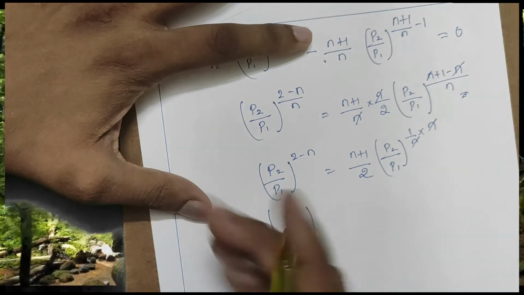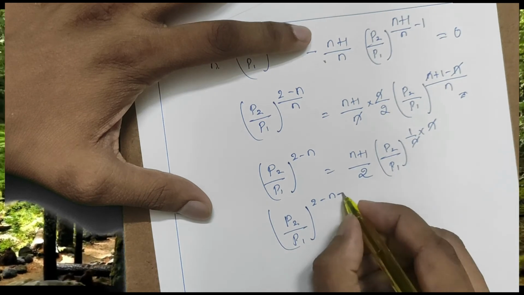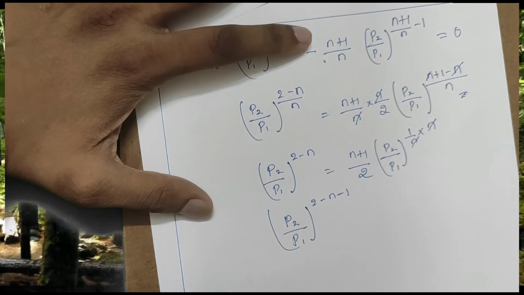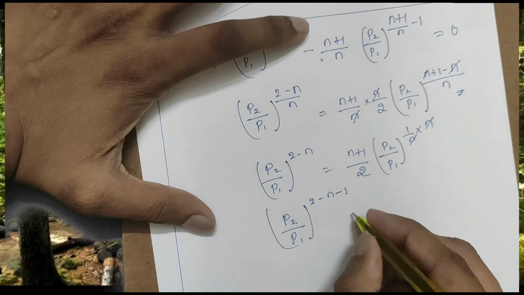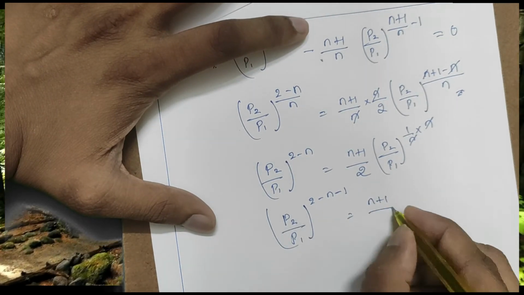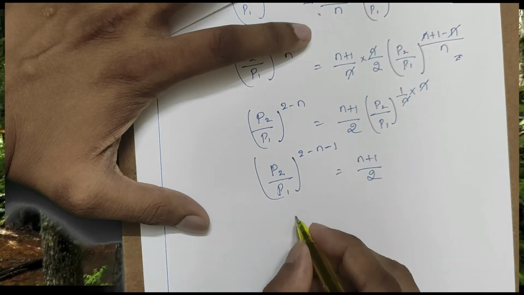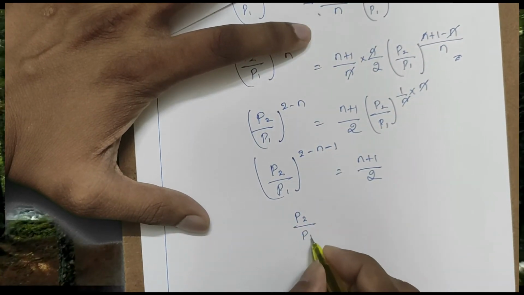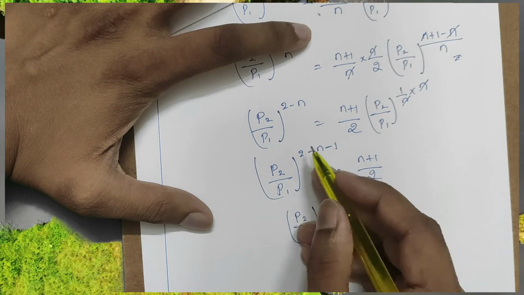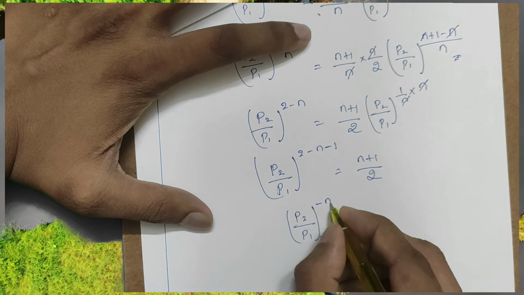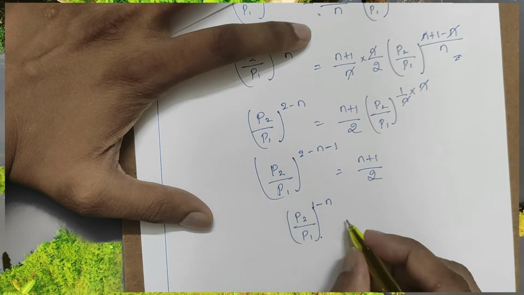Okay, if it comes to this side, you'll get again 2 minus n. This plus 1 is there, so you'll get minus 1. If it comes to the left-hand side, you'll get P2 by P1 power minus 1, so you'll get minus 1 plus 1 by 2. Next you'll get P2 by P1, and you'll get 1 minus n.